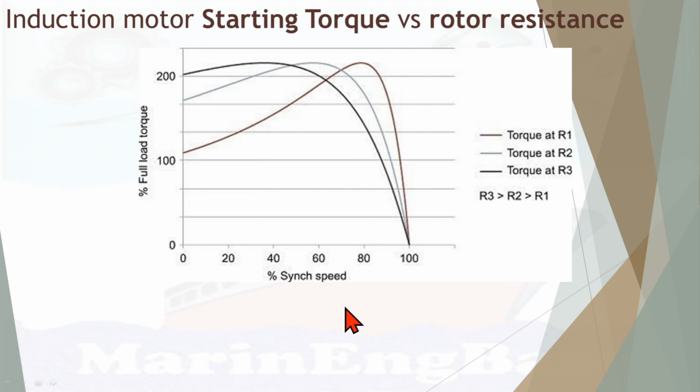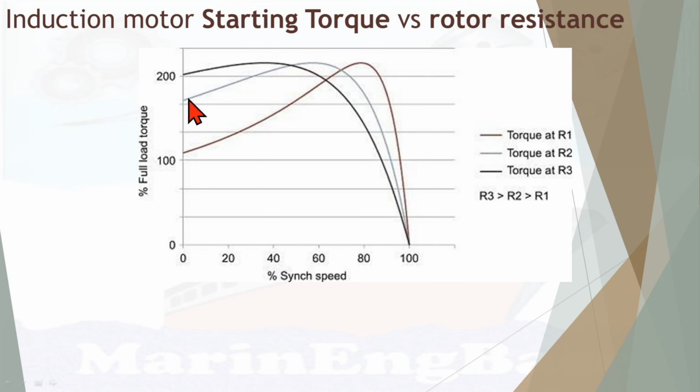Let's take this diagram. You see there are three graphs. The first one has the lowest starting torque because it has the lowest resistance, R1. As the rotor resistance is lower, the starting torque is lower, but it has a considerably higher running torque.